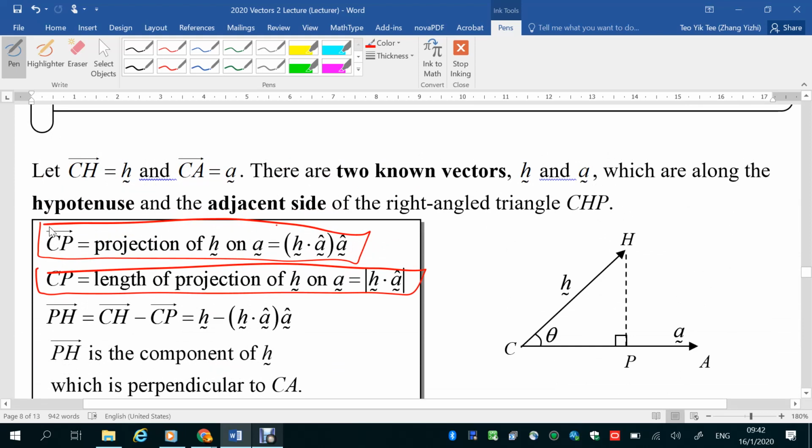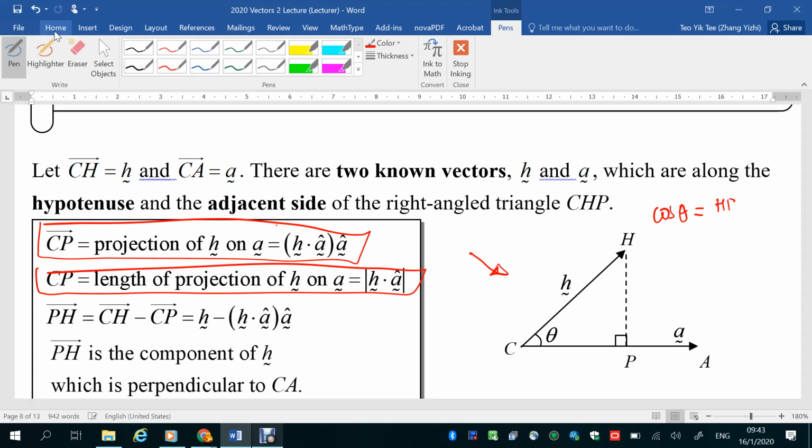Assuming theta is acute, as you see in this diagram, I want you to activate your trigonometry to help me. What is cosine theta? Cosine theta is which length over which length? HP?